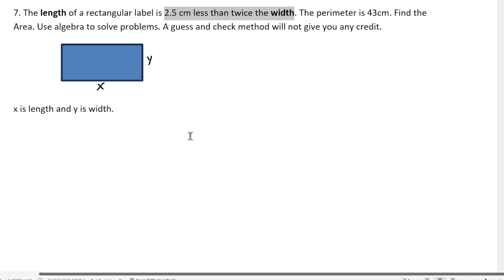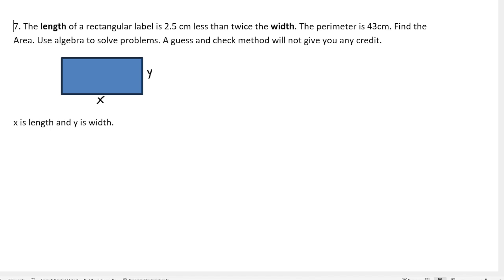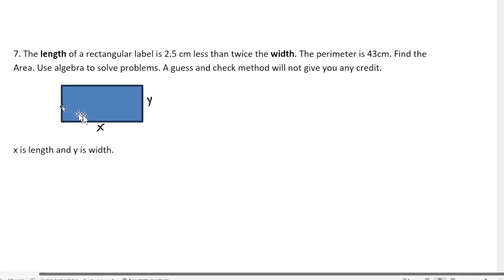Now, it would be nice if you can just figure out how to convert this into an equation, but it's not that easy. So you want to think of a very simple example of a sentence that's very similar to this, but it's simpler.